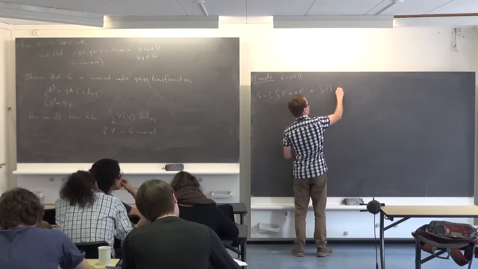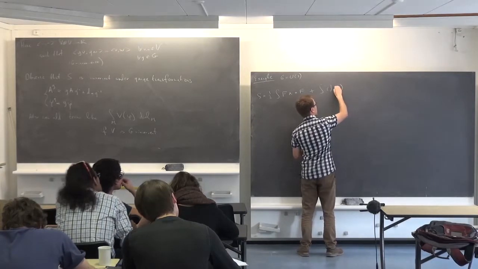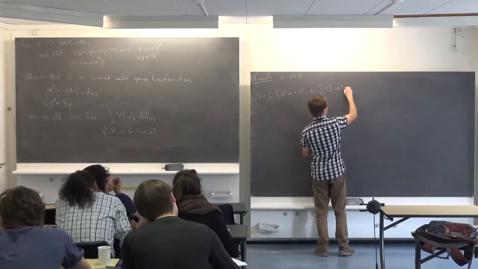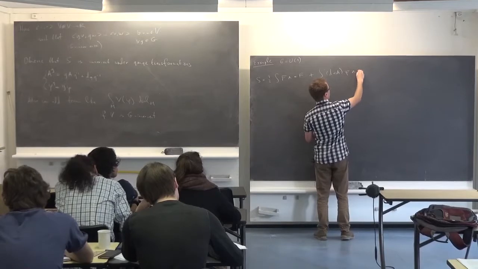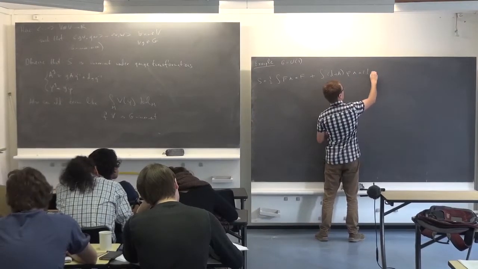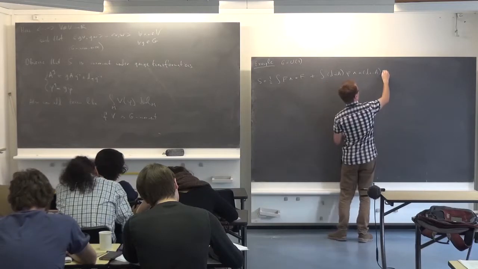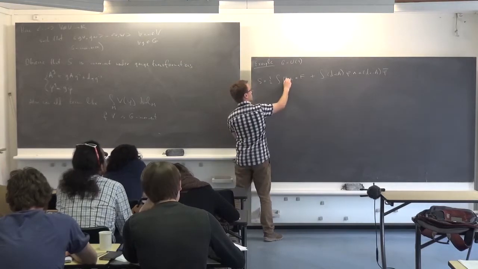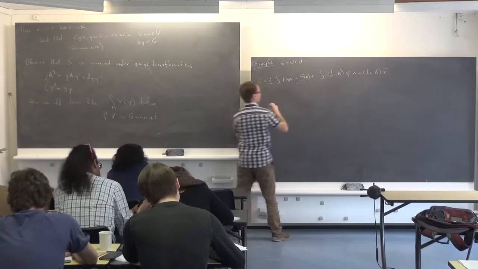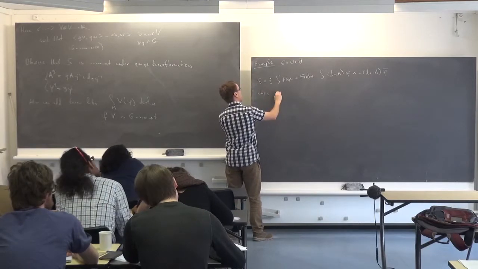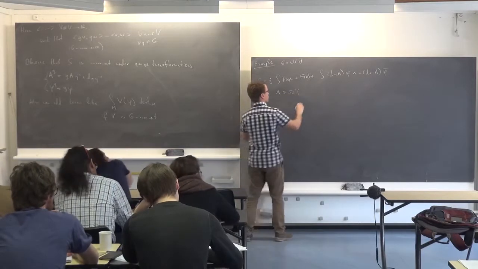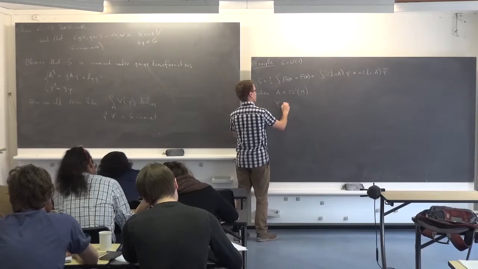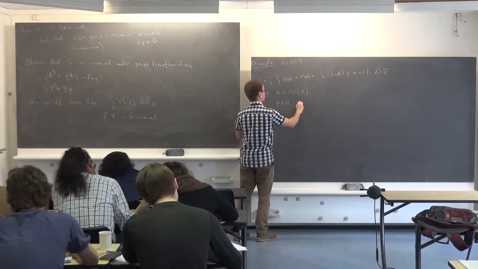In here, you'll have (d minus iA) phi wedge star (d plus iA) phi bar. So this is F of A, where A is a one-form, so it's a real-valued one-form, and phi is a complex-valued function on M.